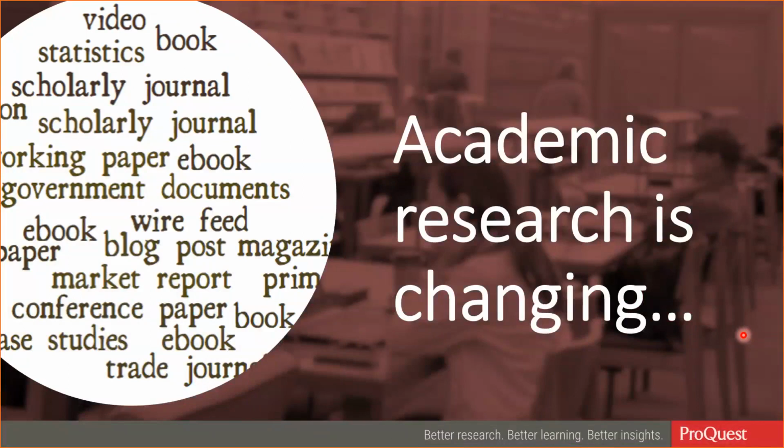It no longer depends solely on traditional scholarly journals, but is also looking at other materials like supporting and alternative materials, which we call grey literature, such as dissertations and theses, conference papers, and working papers as well. We're going to look at that shortly.